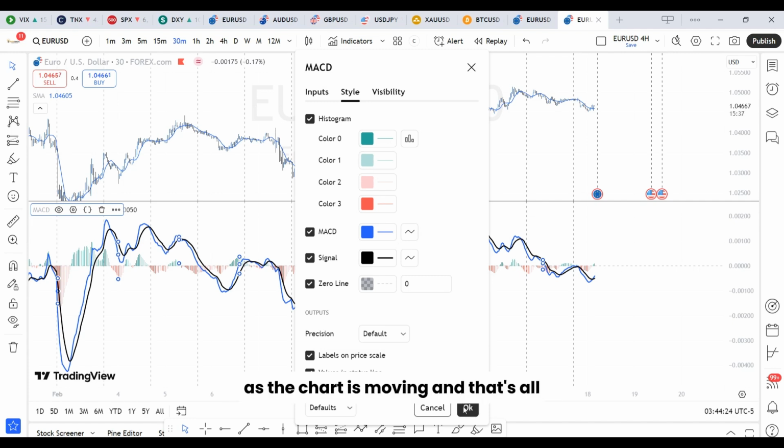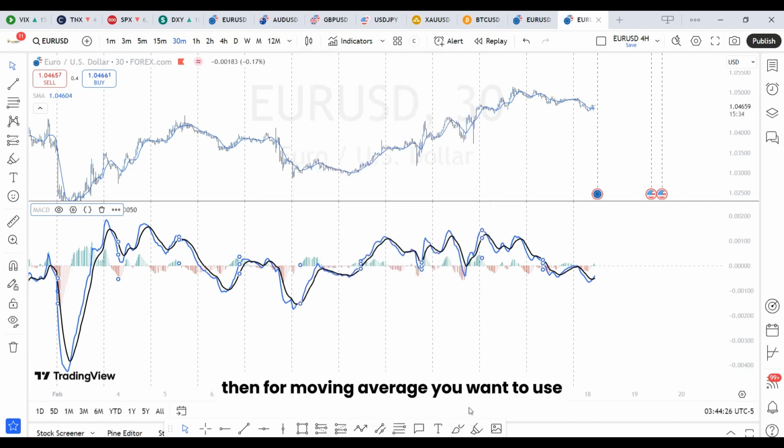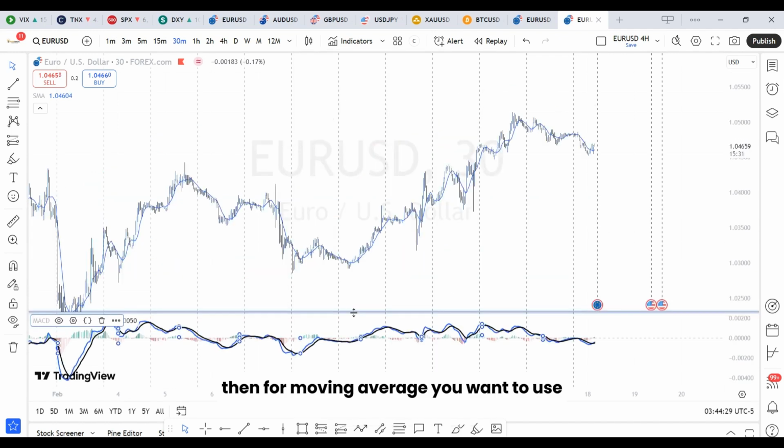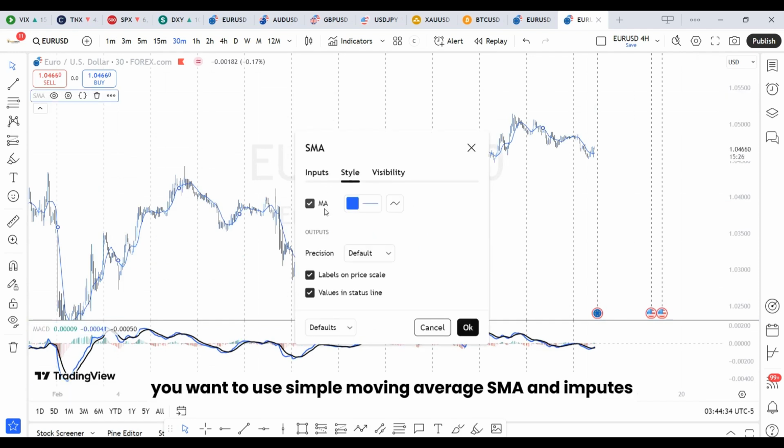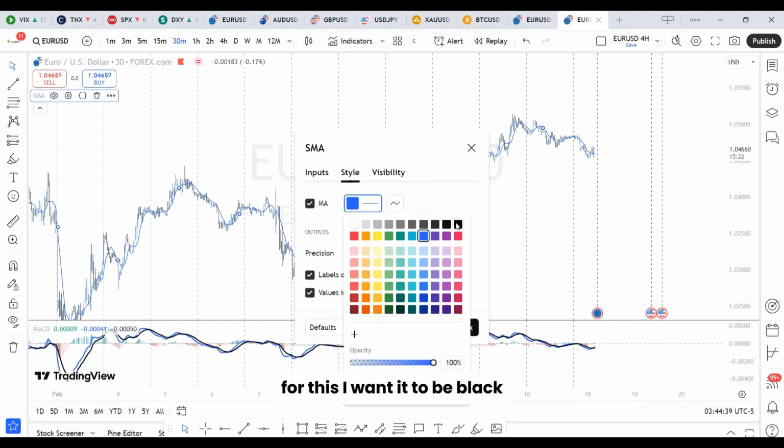And that's all for MACD. Then for moving average, you want to use simple moving average, SMA, and inputs. For this, I want it to be black, or let me make it green. Let me see what green could look like.